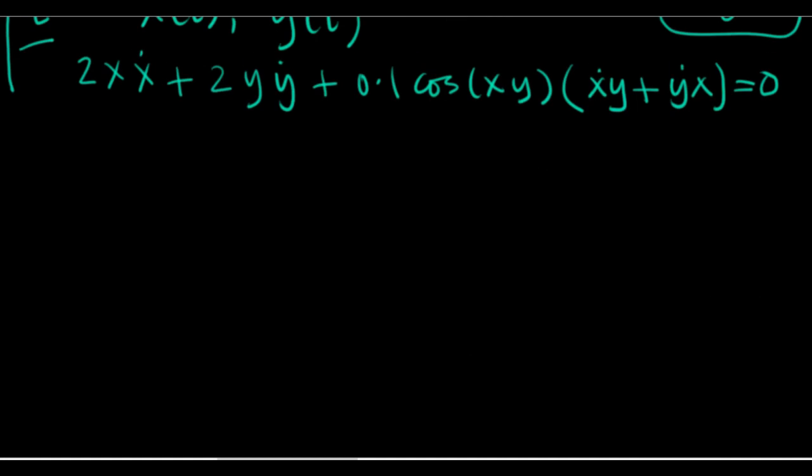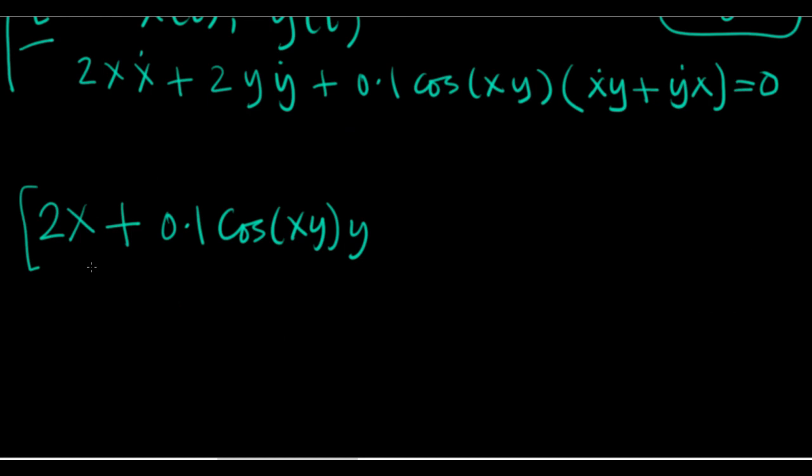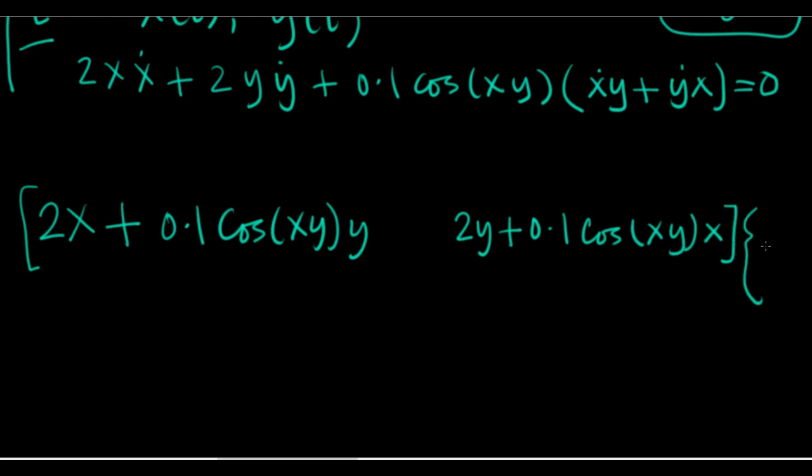I will say 2x plus 0.1 cos xy times y is one element, and the other element is 2y plus 0.1 cos xy times x. This thing times x dot and y dot is equal to 0.